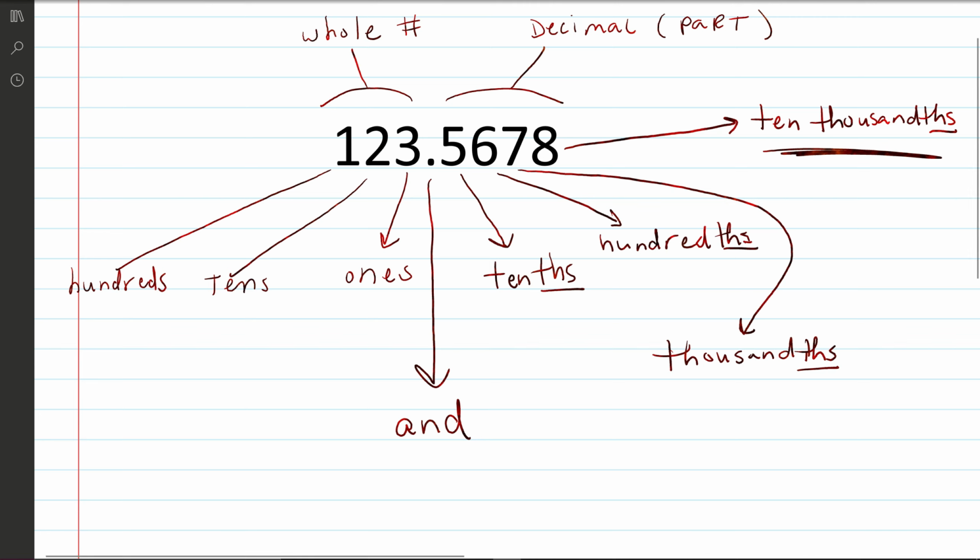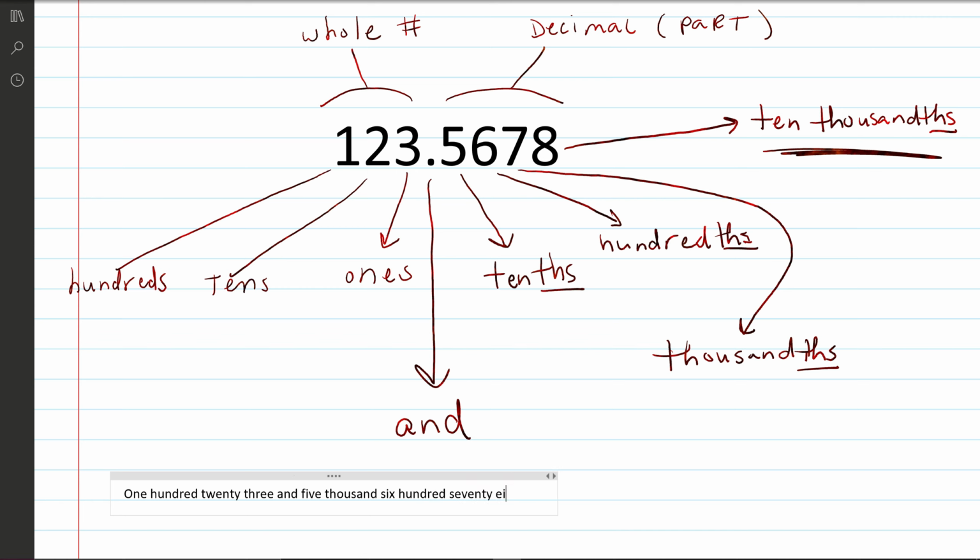So what would we say? Again, we would say 123 and, because of the decimal point, 5,678, and then on the end you put ten-thousandths with the THS on the end of it.